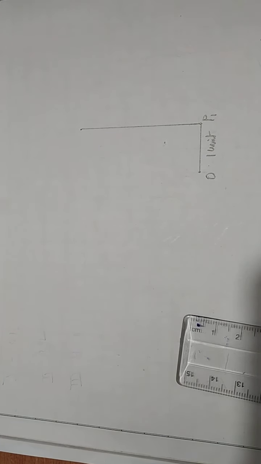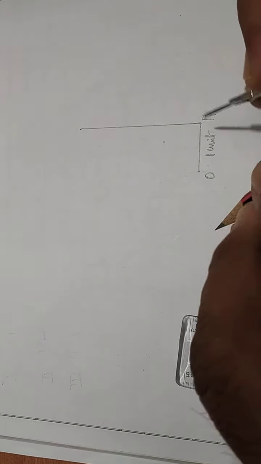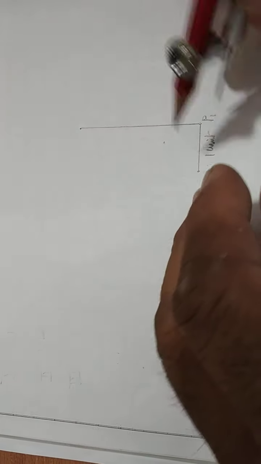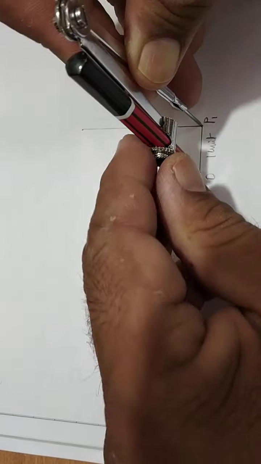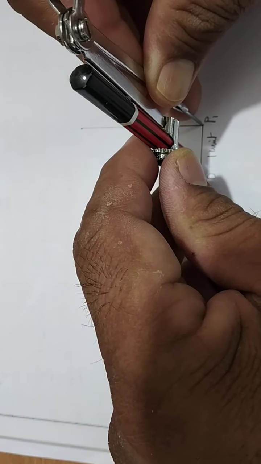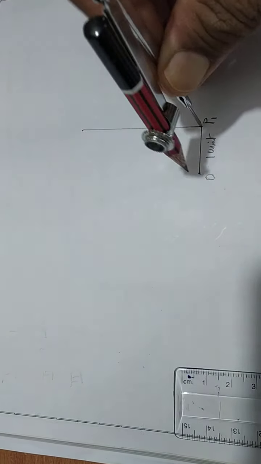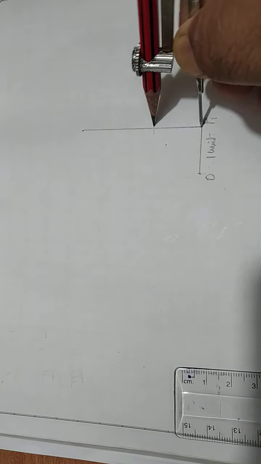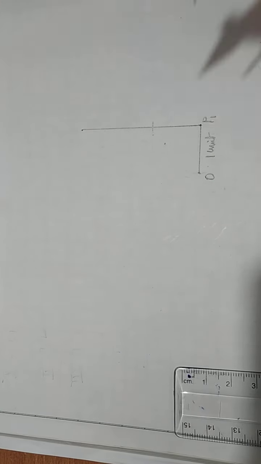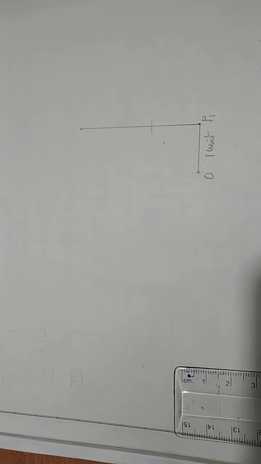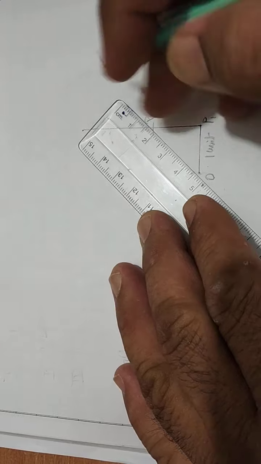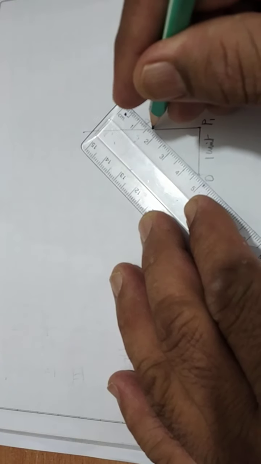Now on this vertical line, first measure this 1 unit in your compass and cut this vertical line. Let this point be P2. Join this P2.